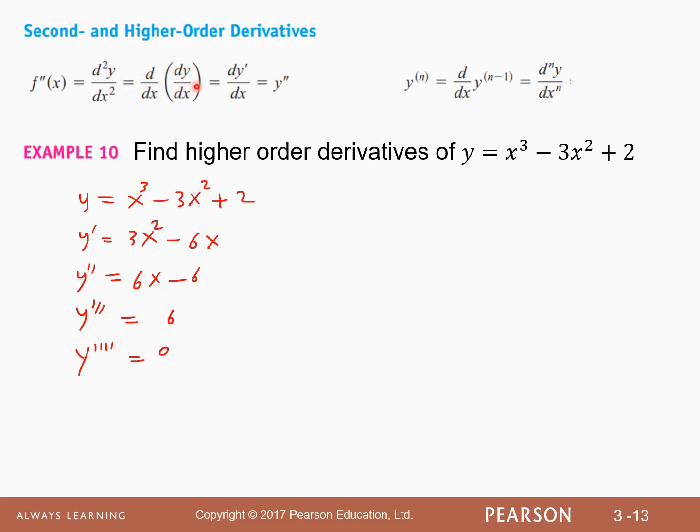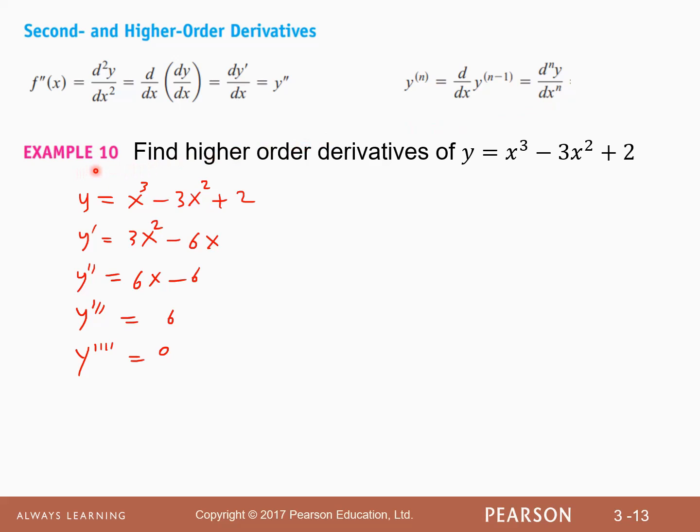It's also equal to dy prime by dx, or just for simplicity, y prime prime. Now we can generalize y n equal to d by dx of y n minus 1, which is equal to dn of y divided by dx n.